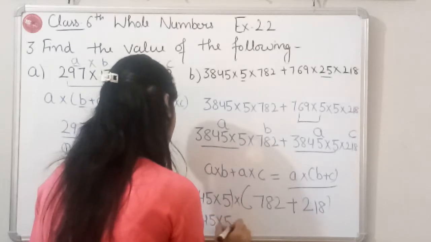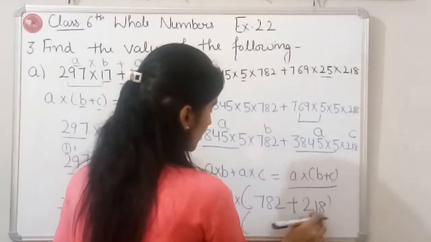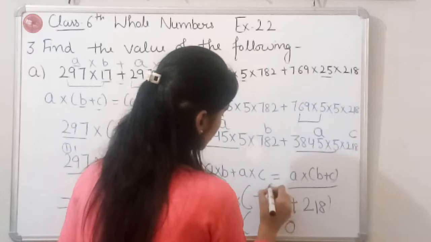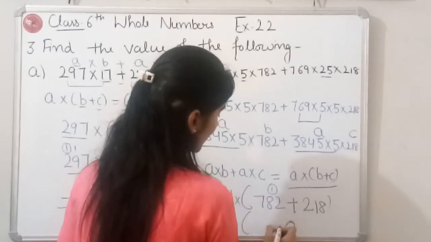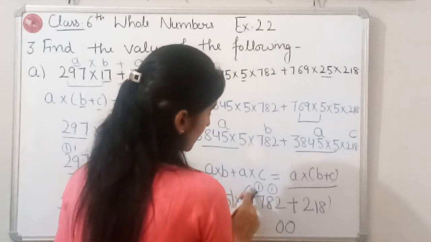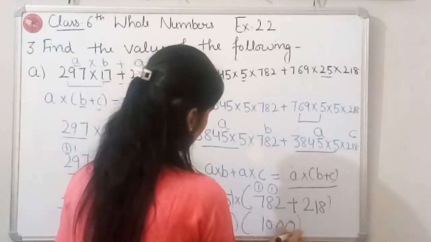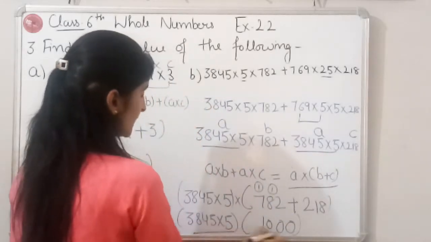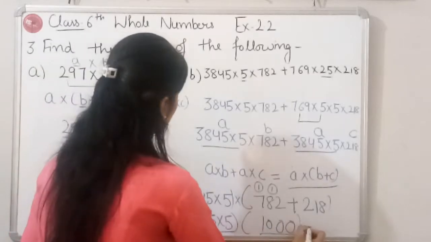Now 3845 multiplied by 5, and 8 plus 2 is 10. 8 plus 1 is 9, 9 plus 1 again 10. 7 plus 1 is 8, 8 plus 2 again 10. Now we have to multiply this by 1000.